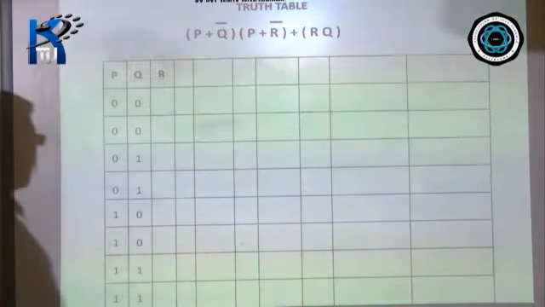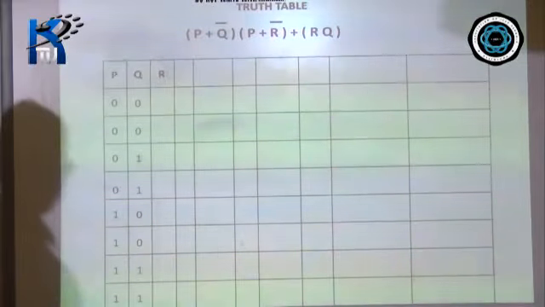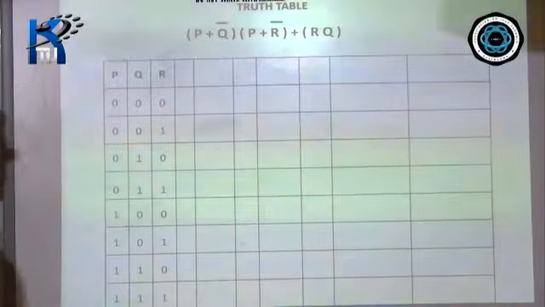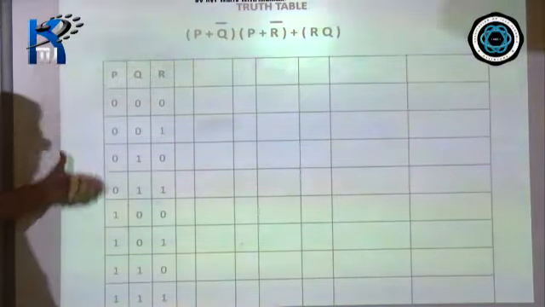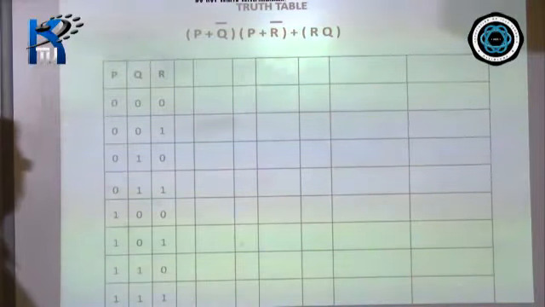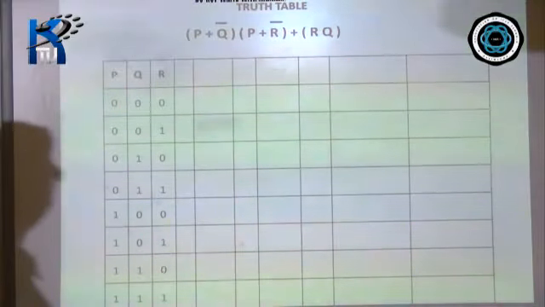And finally for R, which is on the extreme right, 0 and 1 will alternate: 0, 1, 0, 1, 0, 1, 0, 1. So we have the three different literals and the 8 different combinations of zeros and ones. Next, we need to solve the complement.